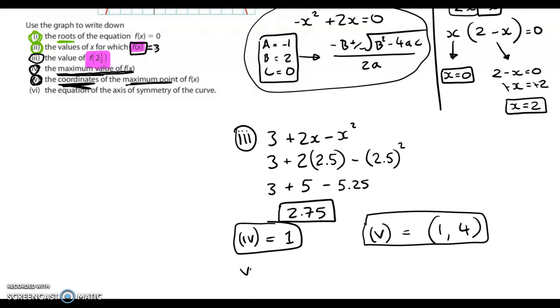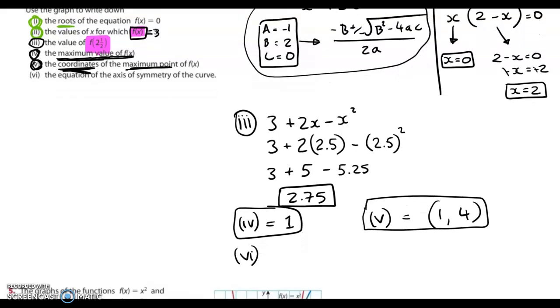And the very last question, question 6, says the equation of the axis of symmetry of the curve. That's probably the hardest one, but it's really quite straightforward. So the axis of symmetry means where would the line be drawn that would cut the shape completely in half so that it could fold over on itself. Okay, so that's what it means to be symmetrical.